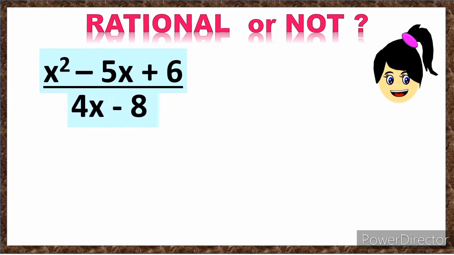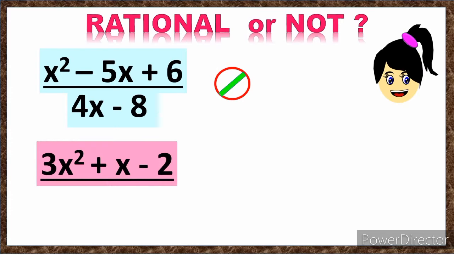Okay, again, ang rational algebraic expressions ay mayroong dalawang polynomial, which is isa sa numerator, isa sa denominator. Okay, yung first polynomial natin na nasa numerator, they are all positive exponent, no variable in the denominator, and no fractional exponent. Same with the denominator. Therefore, this is rational algebraic expression.